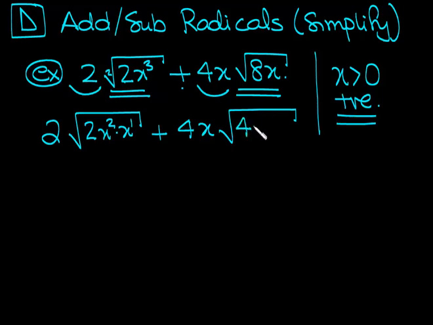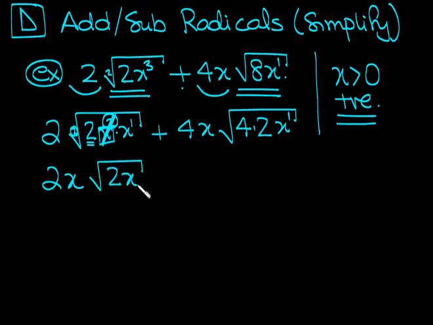Sure, we can write it as 4 times 2, and then this is x to the 1, so I can't do anything to that power. It's still going to be 1. Now this square root of 2 is just square root of 2, so that doesn't come out of the radical. But out here the power and the index are the same. The index is 2, so the base comes out. So the x comes out. So we get 2x. That's done. And then I'm left with whatever's left, which is square root of 2x.